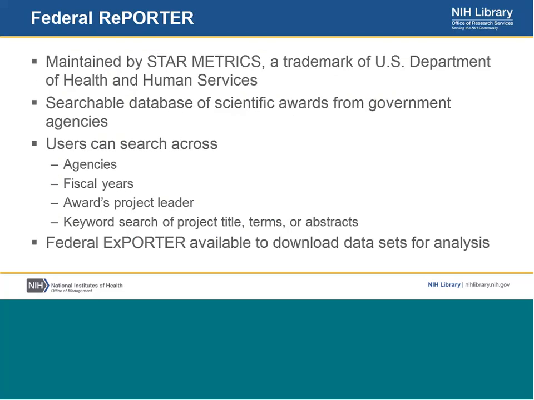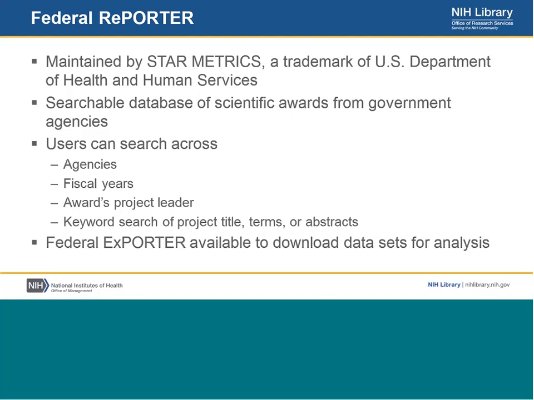In addition to the NIH Reporter, there's also Federal Reporter, which is maintained by STAR METRICS on behalf of the U.S. Department of Health and Human Services. This is another searchable database of scientific awards, but it's from additional government agencies beyond NIH and HHS.